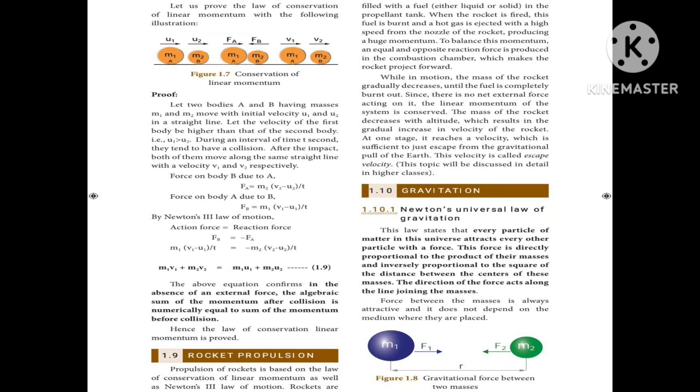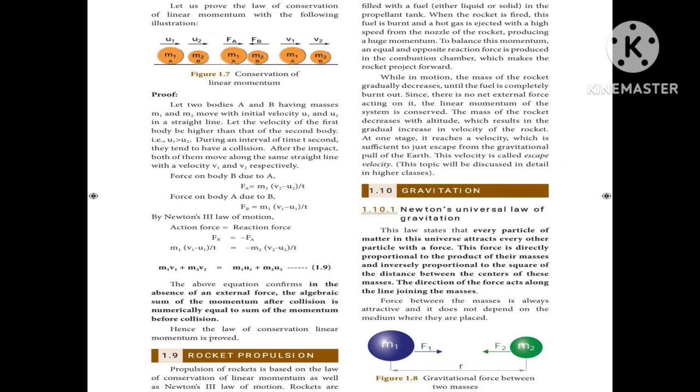Rocket propulsion. Propulsion of rockets is based on the law of conservation of linear momentum as well as Newton's third law of motion. Rockets are filled with a fuel, either liquid or solid, in the propellant tank. When the rocket is fired, this fuel is burnt and a hot gas is ejected with a high speed from the nozzle of the rocket, producing a huge momentum. To balance this momentum, an equal and opposite reaction force is produced in the combustion chamber, which makes the rocket project forward.